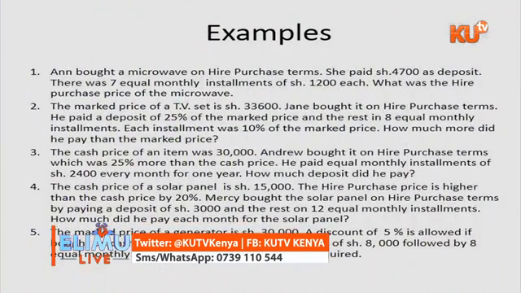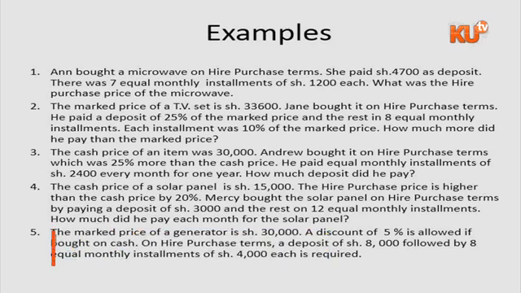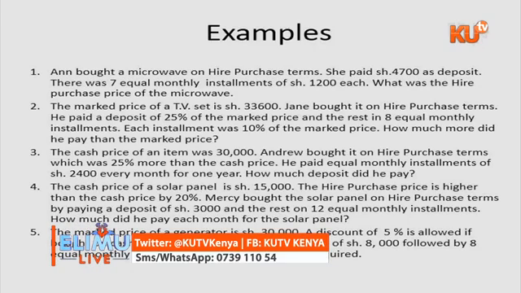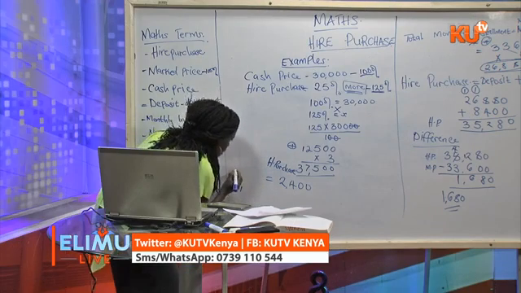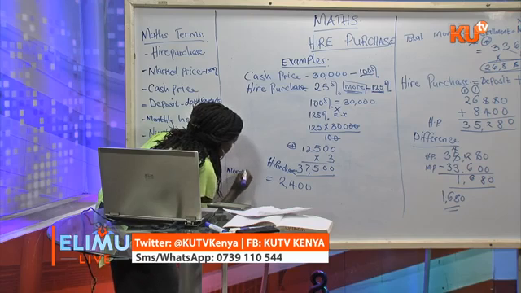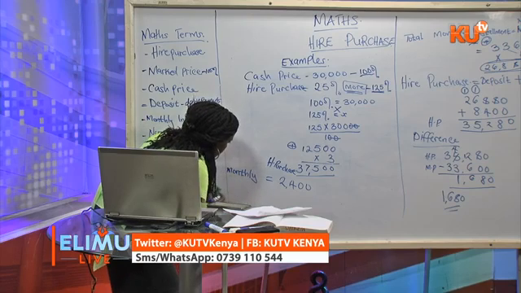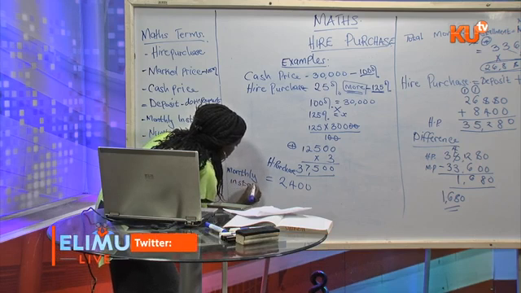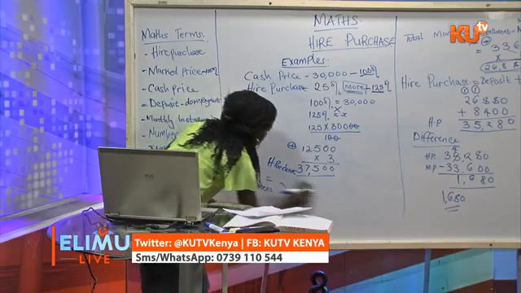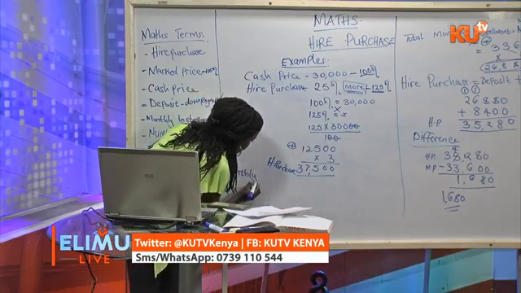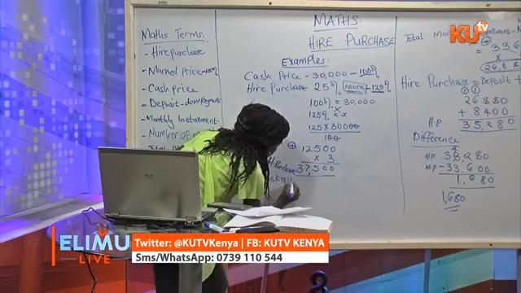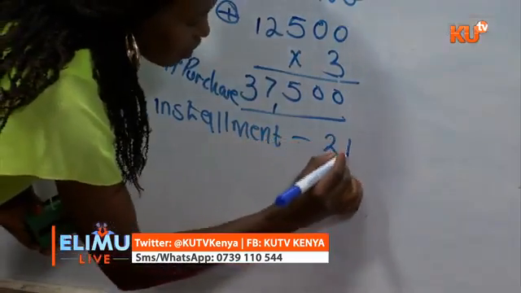He paid equal monthly installment of 2,400. The monthly installment was 2,400, every month for 1 year. This one, let me write, I don't want to confuse anyone. The monthly installment was 2,400.